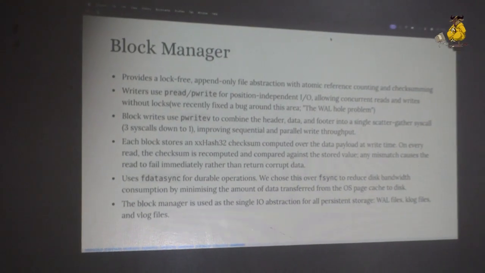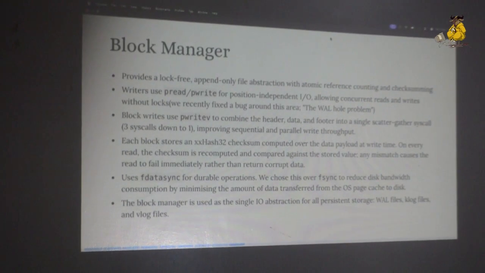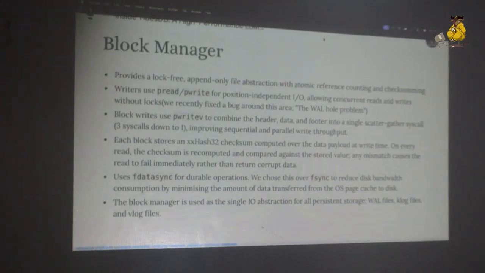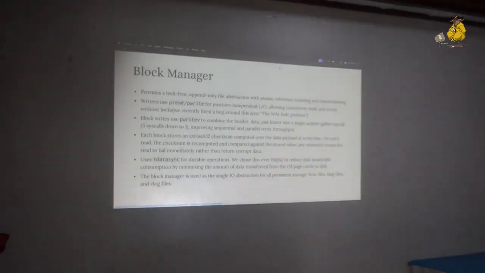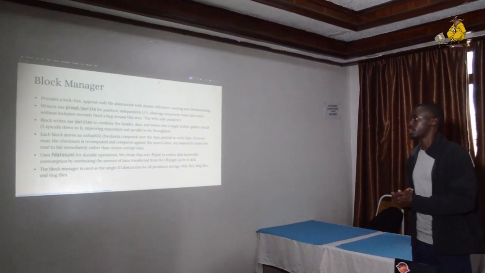But we came across pwritev that gives you scatter-gather vector IO. Instead of going back and forth to the kitchen taking things one by one, you take everything at once and come back. So that's now scatter-gather IO.